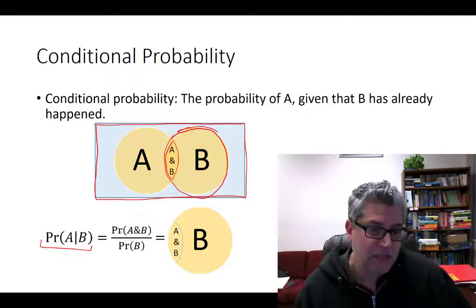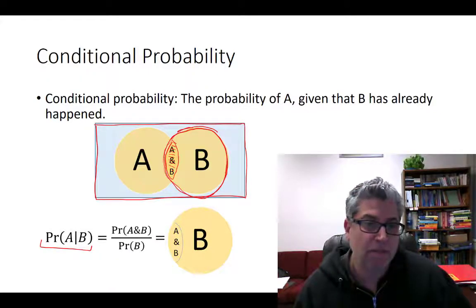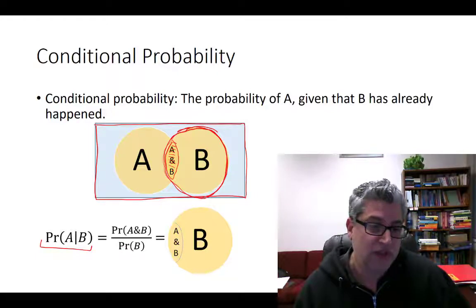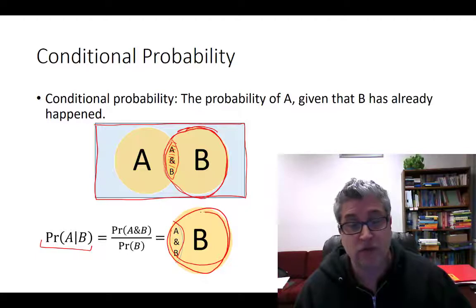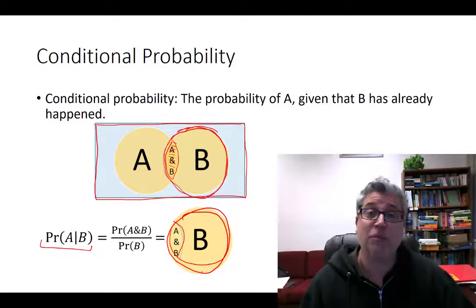It's going to be the probability of A and B, this area right here, as a fraction of this B circle, so divided by, as a percentage of B. You want A and B as a fraction of this entire restricted probability space.